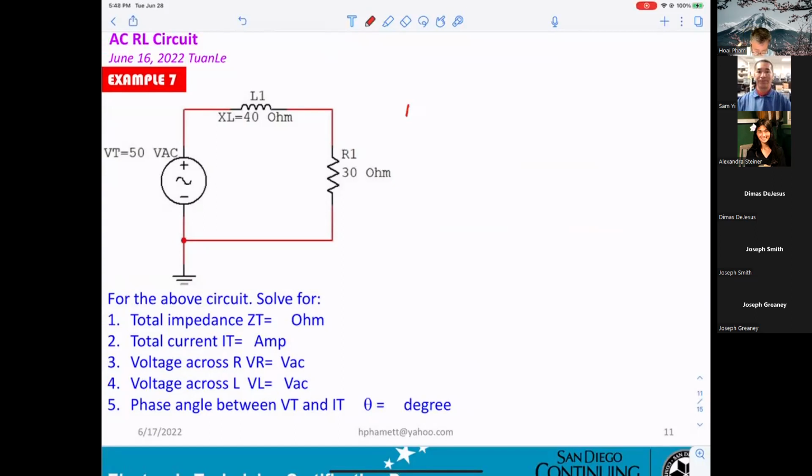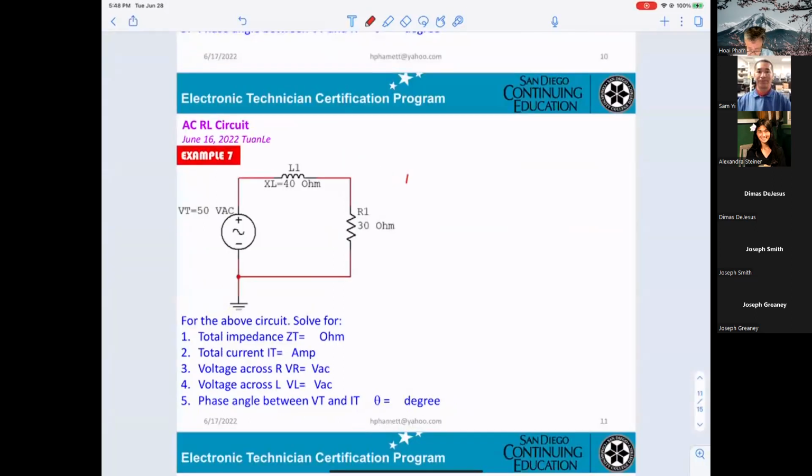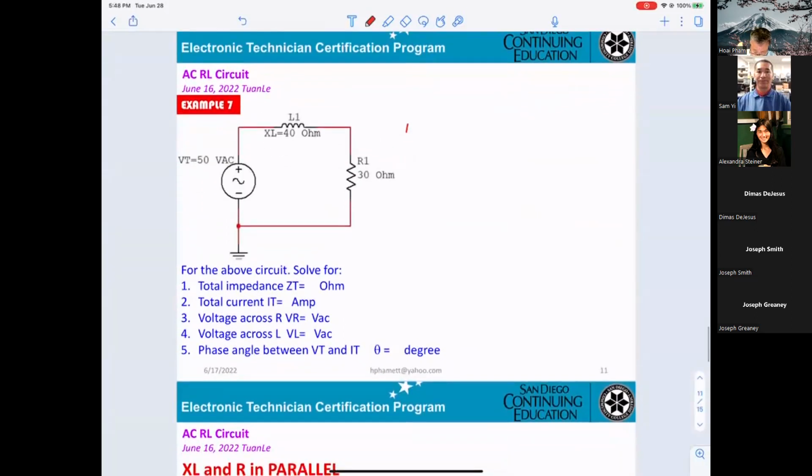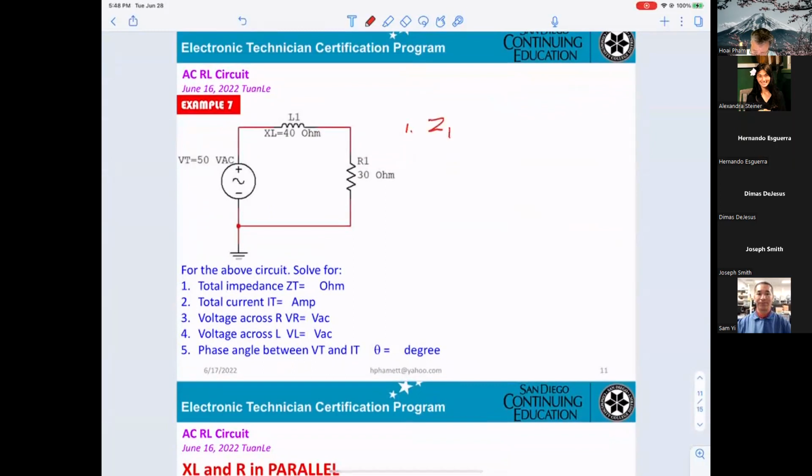Number 1, I want Z total. 50 ohms. Number 2, I total.